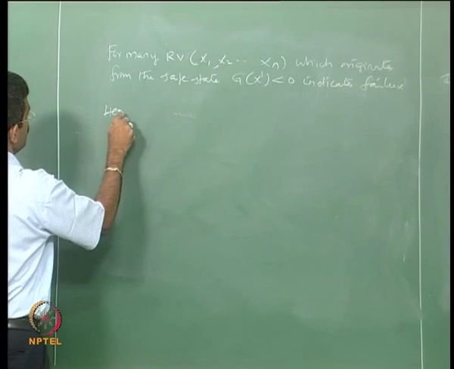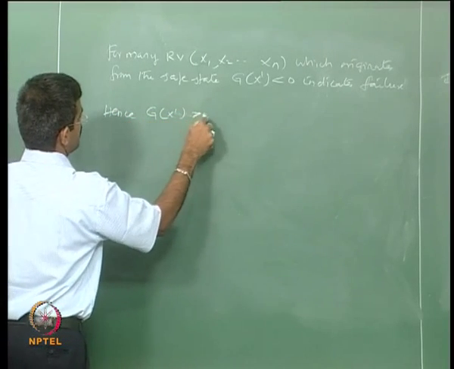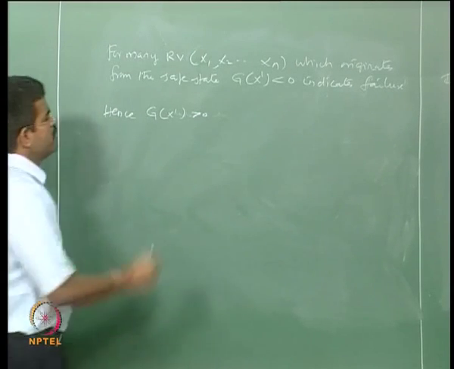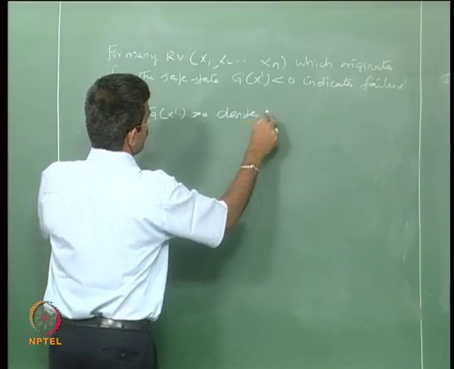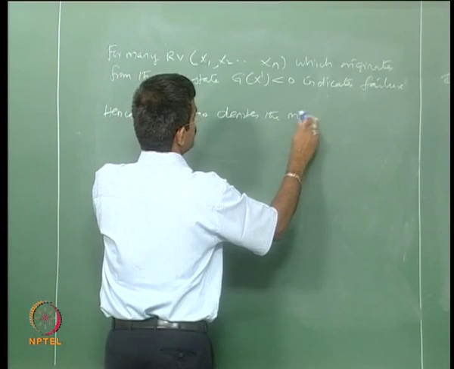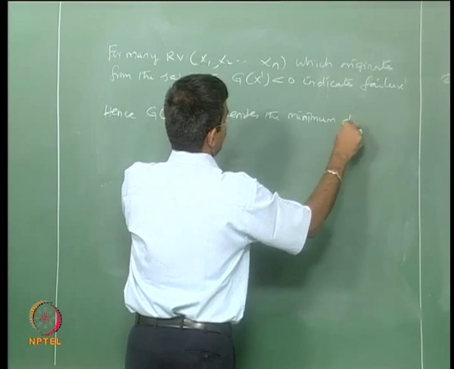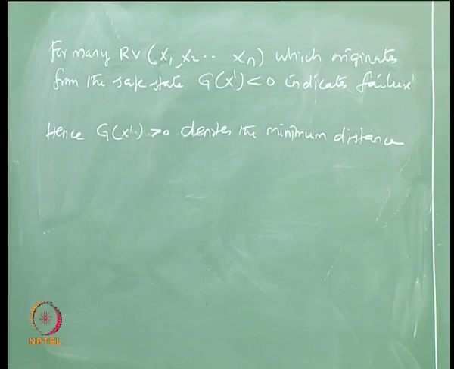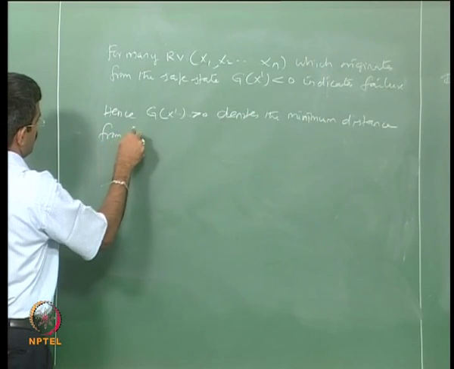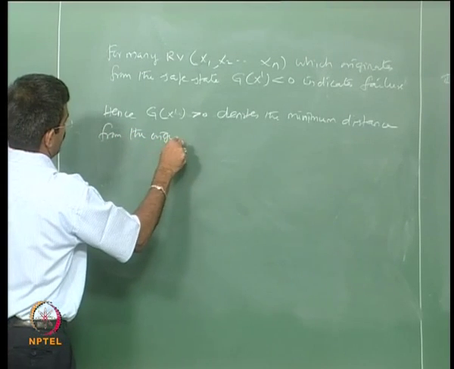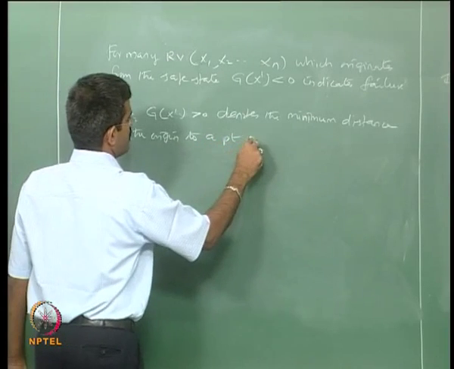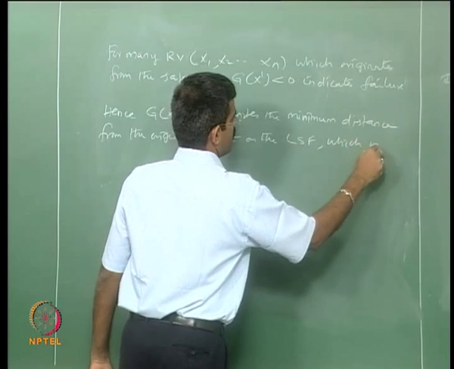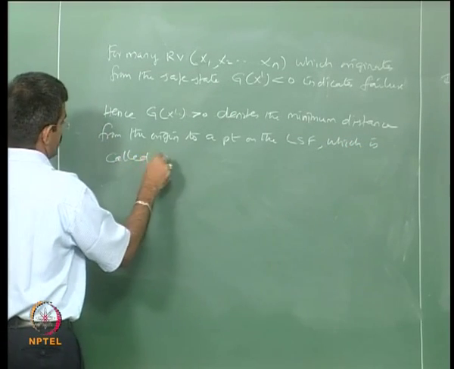Therefore, g of x dash greater than 0 denotes the safe region. The minimum distance from the origin to a point on the limit state function is called the design point.